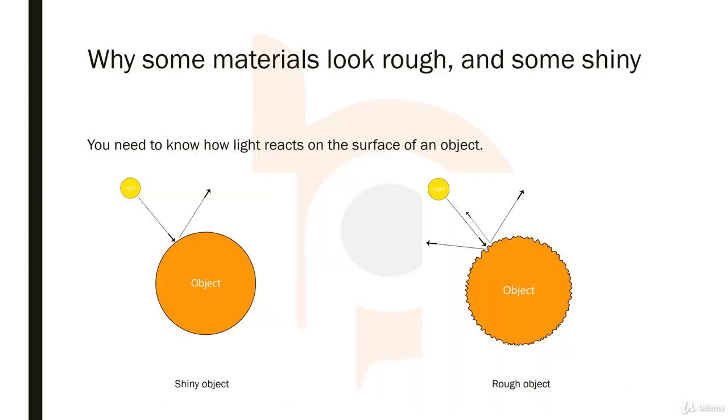So this is a sample of how, in my opinion and how others describe it, light and objects work. What you see on the left image represents a shiny object, like this shiny ball. And on the right is a rough object. So imagine you are standing, looking at the left image along the arrow right there, and you look at the material. The light is the sun, and it's shooting like a trillion light rays.